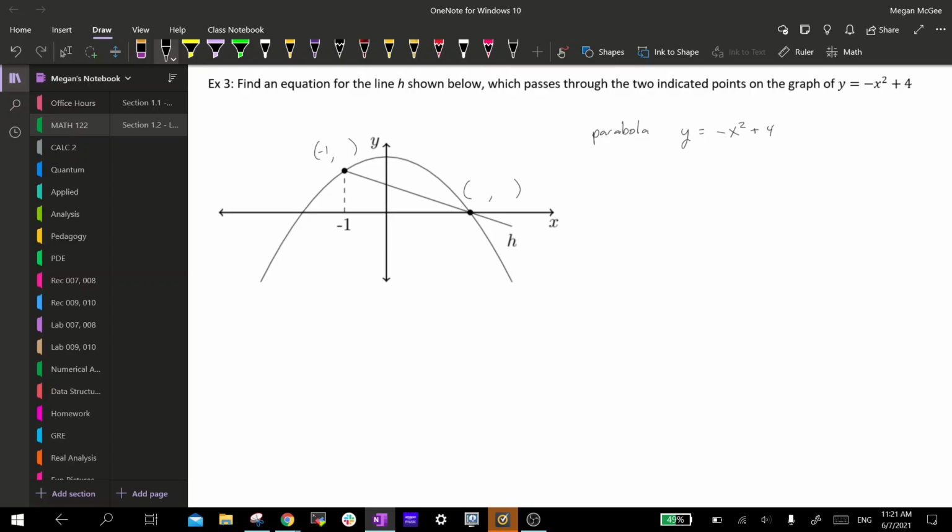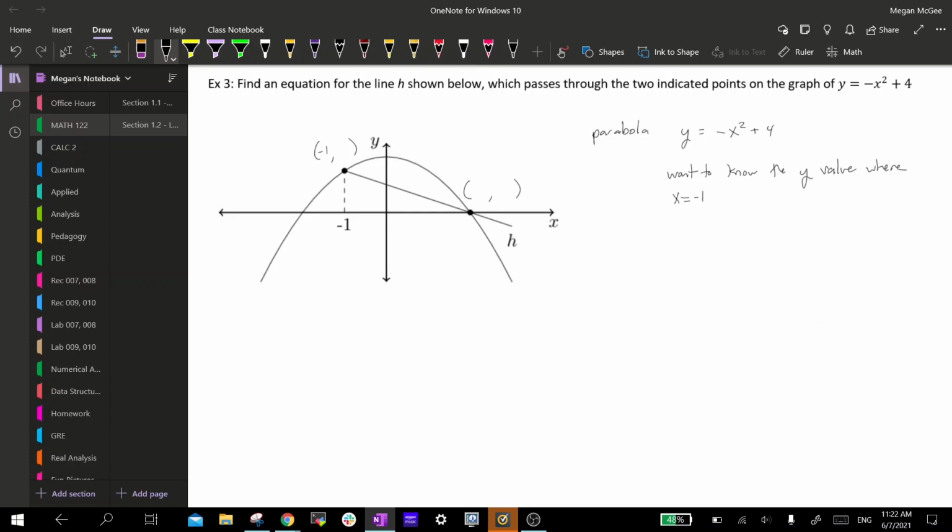Okay, so how do we find the y value? Well, we know that this y value is shared with the parabola. So we want to know the y value where x is equal to negative 1.